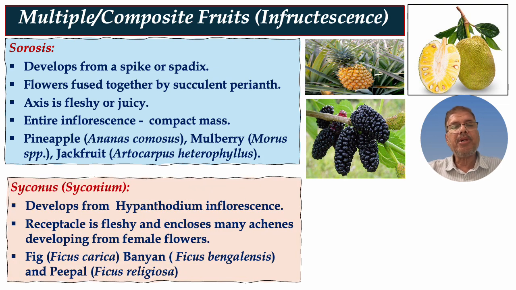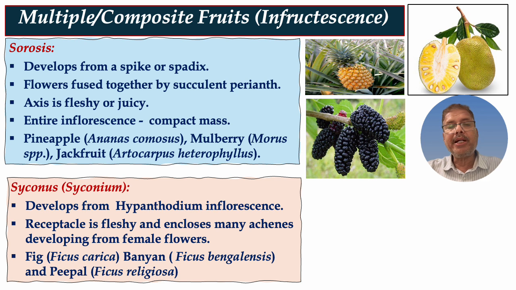Sorosis is a fleshy multiple fruit which develops from a spike or spadix. The flowers are fused together by their succulent perianth, and at the same time the axis bearing them becomes fleshy or juicy, and the whole inflorescence forms a compact mass.